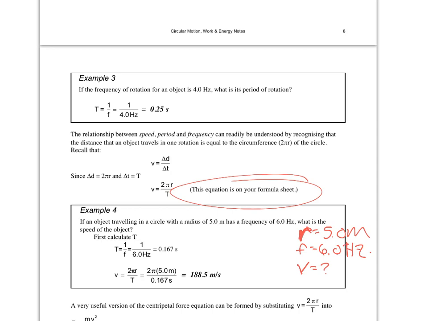I would calculate T first rather than subbing it in, but you could say that V equals 2 pi R over 1 over F, which brings you to 2 pi RF. Doesn't matter whether you do T first and then sub in or combine all of those equations. Either way, plugging in what we know, we get 188.5 meters per second.